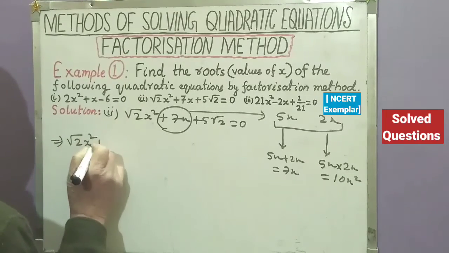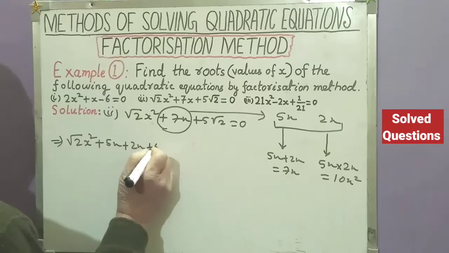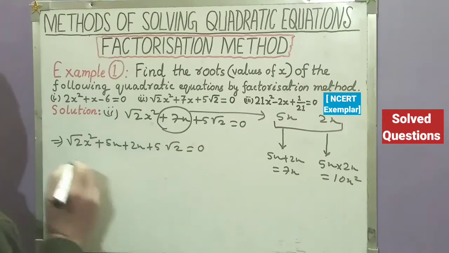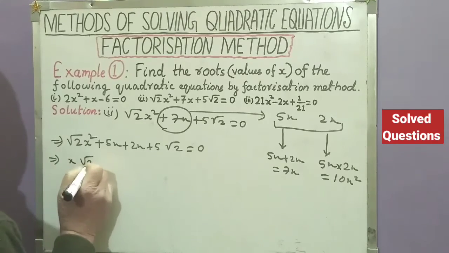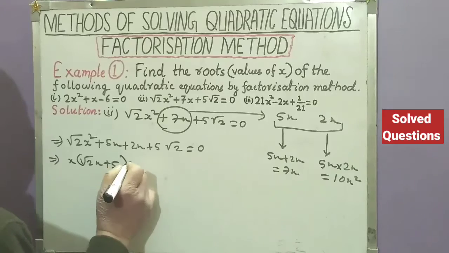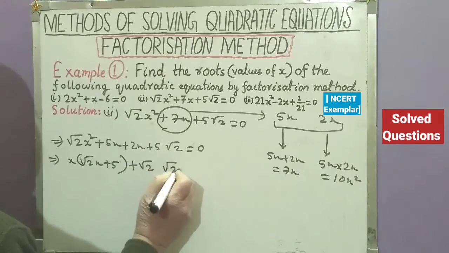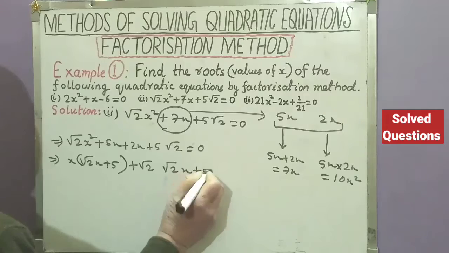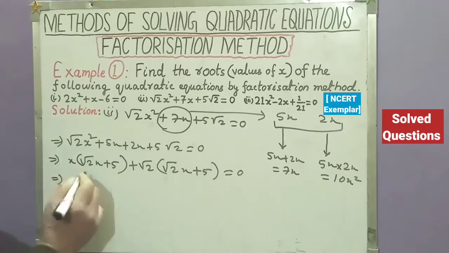That implies √2x² + 5x + 2x + 5√2 = 0. Now taking x common, x(√2x + 5), plus taking √2 common, √2(√2x + 5) = 0.